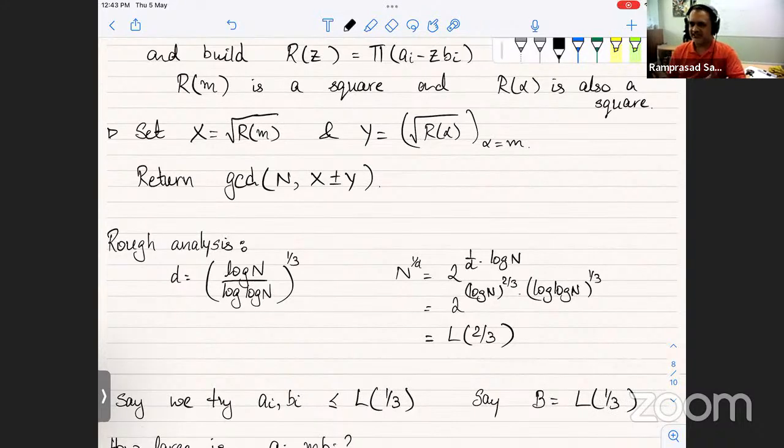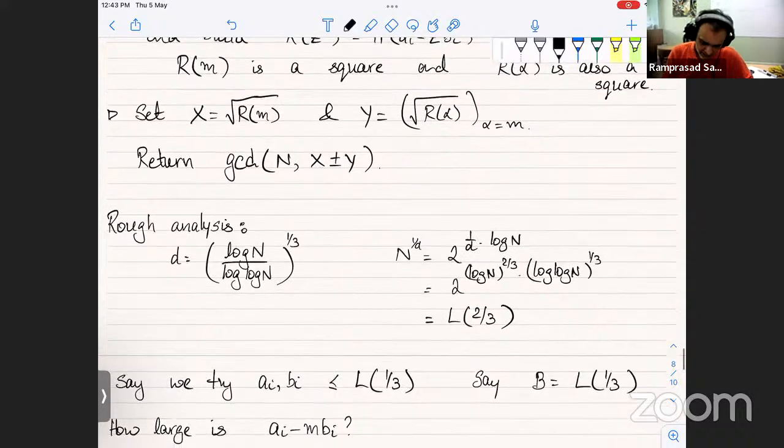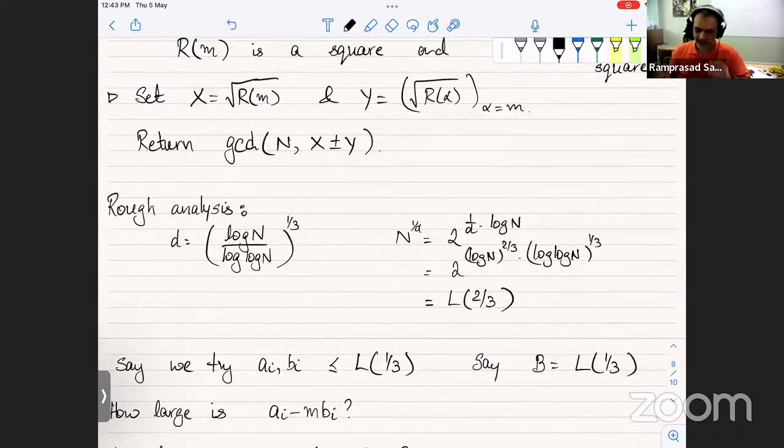Let's ask ourselves, what sort of numbers do we end up dealing with? How large is AI minus MBI going to be? This is going to be roughly what M is as well, because the choice of m was also roughly n power 1 over d.